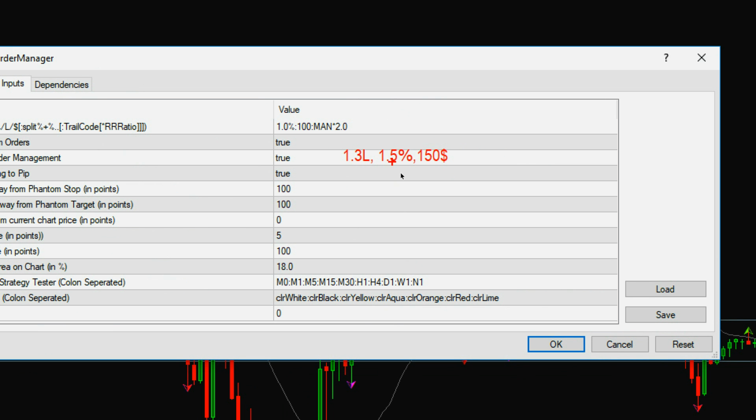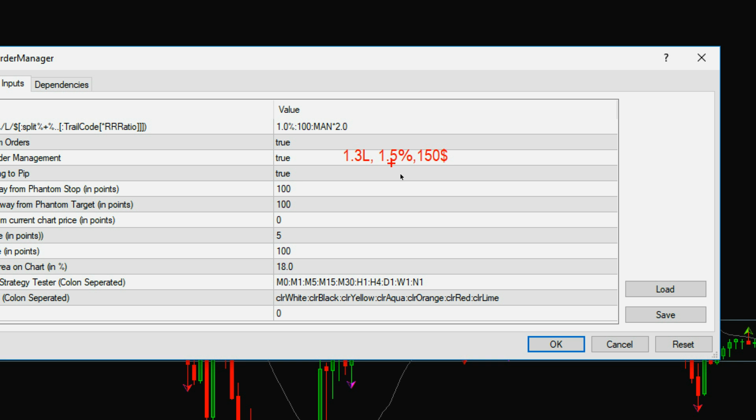So if you have, let's say, $10,000 equity balance and you want to risk 1% on every single trade, then whatever is the balance, holistic order manager will risk exactly 1% of that. So for example, if you have $10,000, 1% is $100.